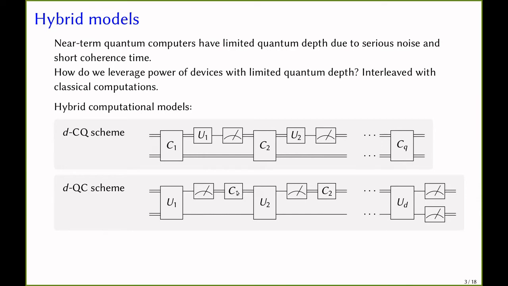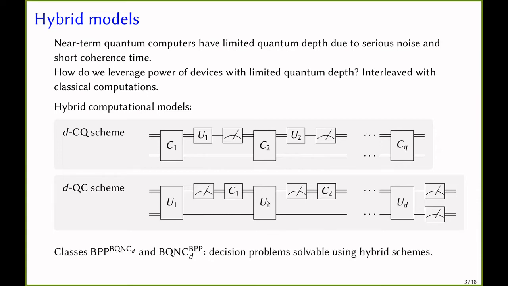The output of the classical computer then serves as the input to the second step of the computation. With hybrid schemes in mind, we can define complexity classes BPP^BQNC and BQNC^BPP to include decision problems or promise problems solvable using hybrid schemes.